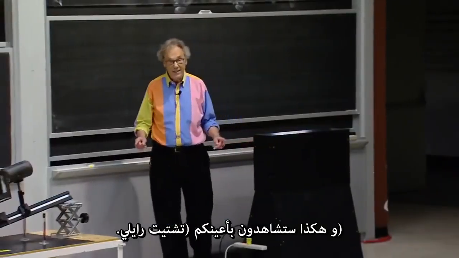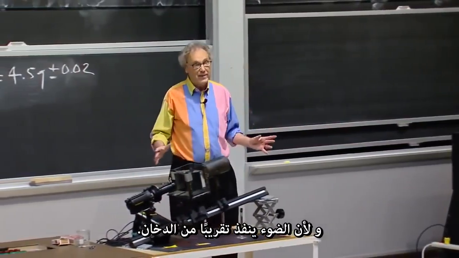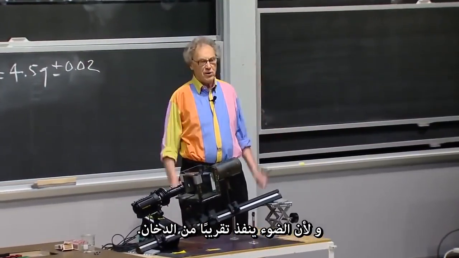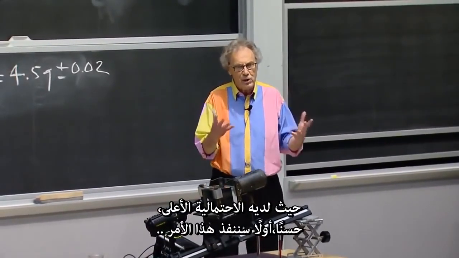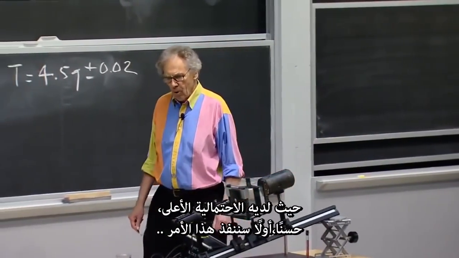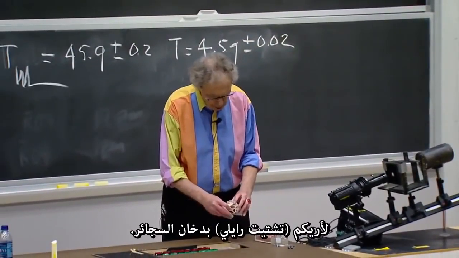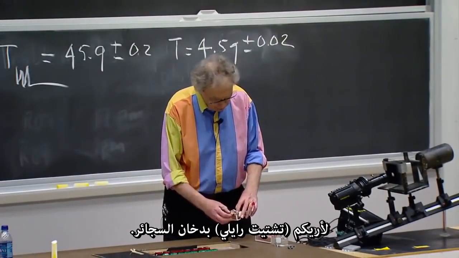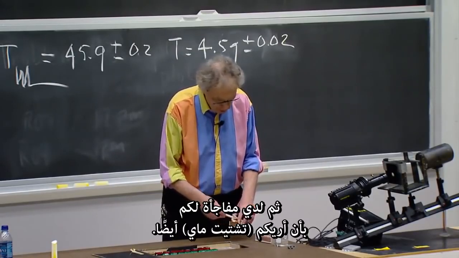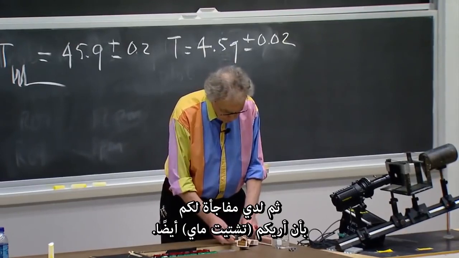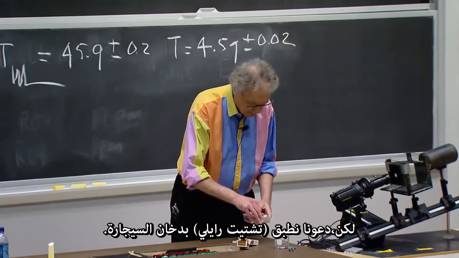So you have seen in front of your own eyes Rayleigh scattering, because the red light more or less goes through. It is really the blue that dominates it, that has the highest probability. So we're first going to do that demonstration to show you Rayleigh scattering of cigarette smoke. And then I have a surprise for you to also show you me scattering. But let's first do the Rayleigh scattering with cigarette smoke.